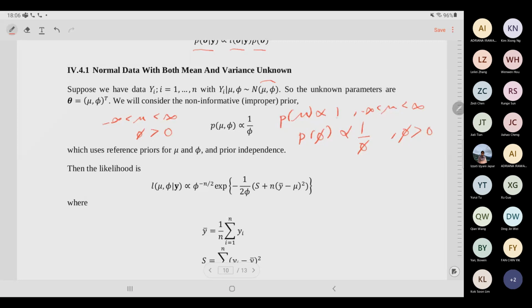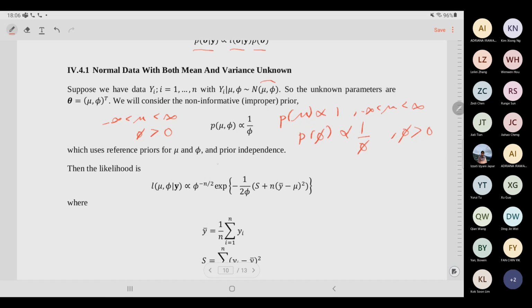So in the first case, because mu is from minus infinity to infinity, if you integrate 1, this is already improper because 1 does not integrate to 1. And also 1 over sigma square, 1 over phi, will also not integrate to 1. So both are actually improper priors, okay?